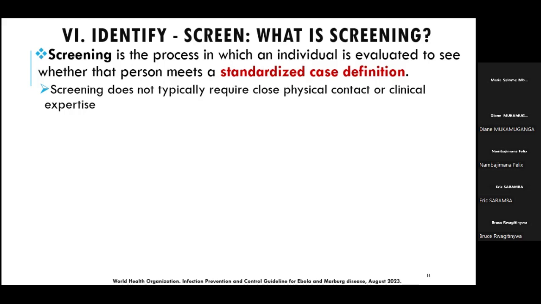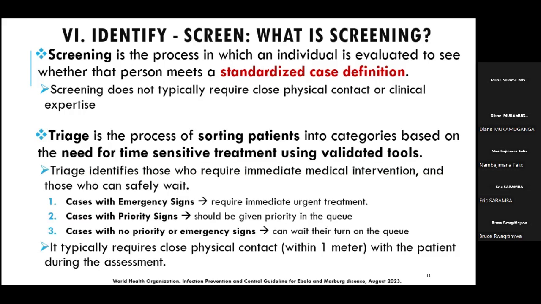However, when we talk about screening, there is a second term that is commonly used, which is the triage. Triage is the process of sorting patients. For example, if we have like 50 people in a queue for any given service, we can sort them by asking, for example, how many people have fever, and they can be on one side.